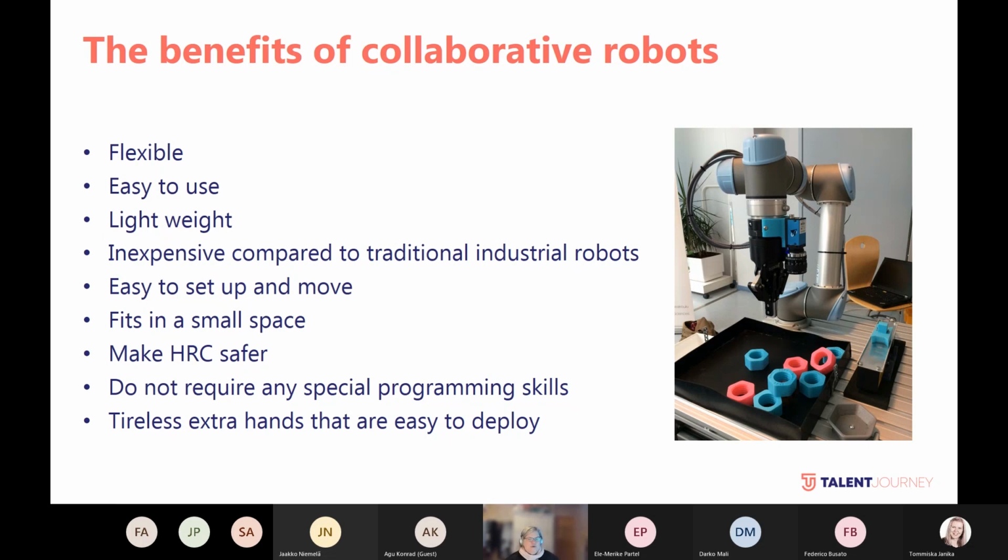This may need some thought and explanation. When comparing the same basic features, such as reach and payload, some traditional industrial robots may be cheaper than similar collaborative robots. There are no major differences in the prices of high-quality robots in one direction or another.